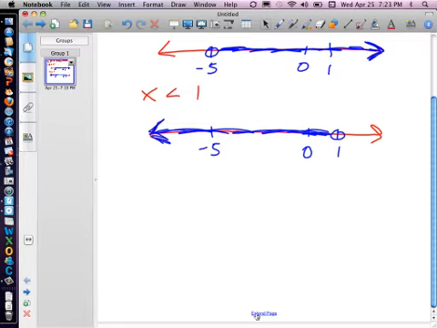And what we can do is graph something called a conjunction, C-O-N-junction. And that is a combined inequality.